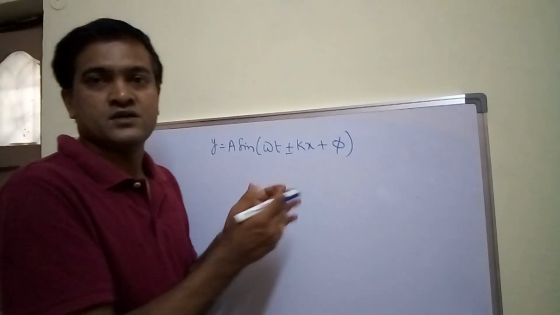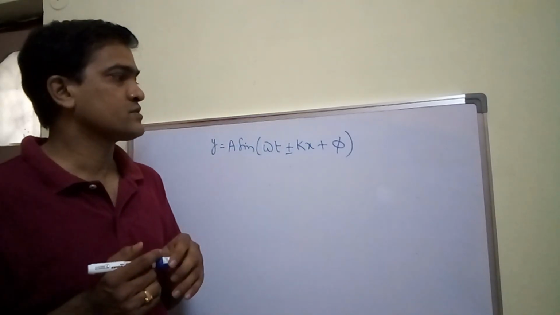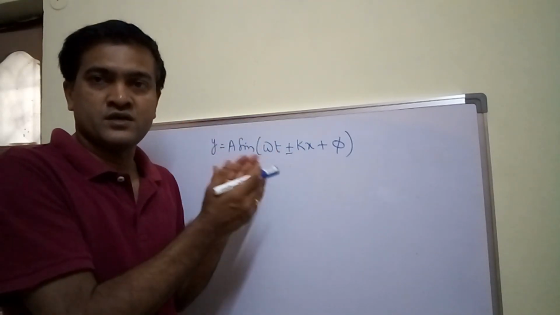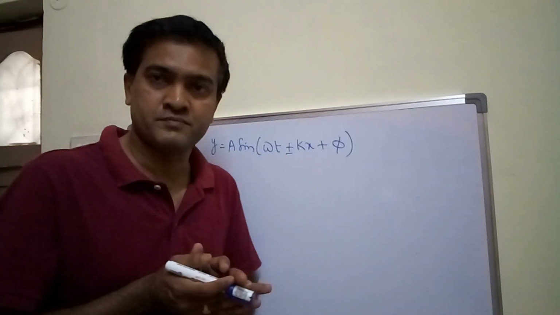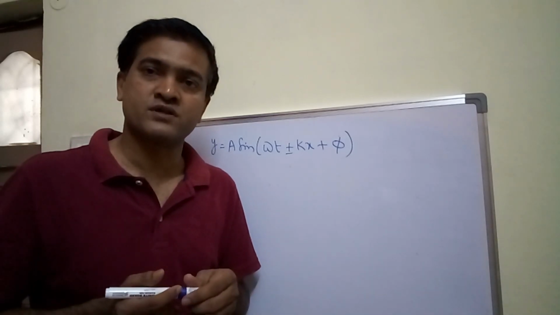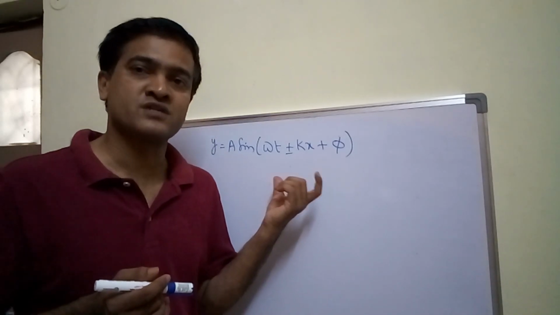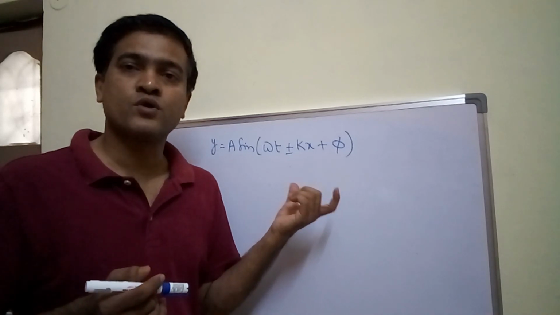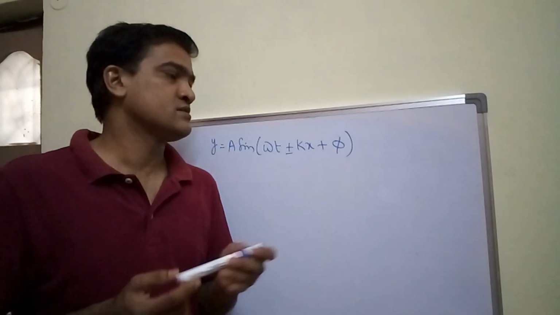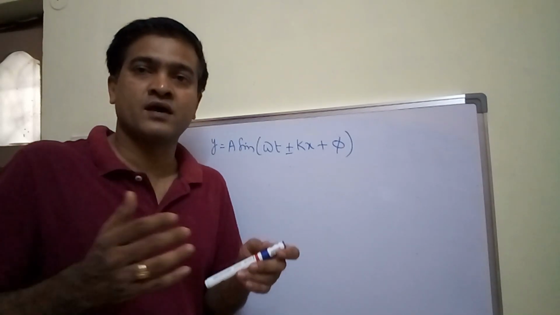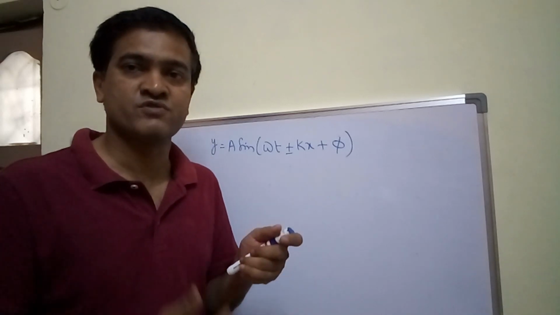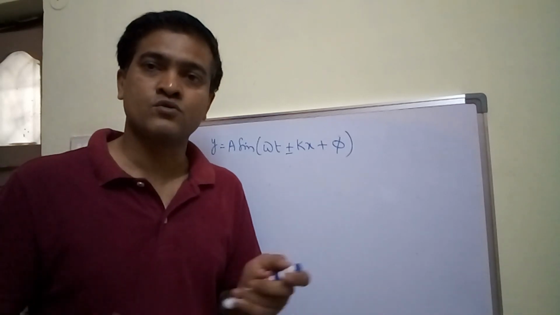So this is the general equation. This represents the complete description of the wave, a plane progressive wave, or you can also call this a traveling wave. Let us do a few problems based on this, and you will have an idea how the questions will be framed, and then we can go to another topic.